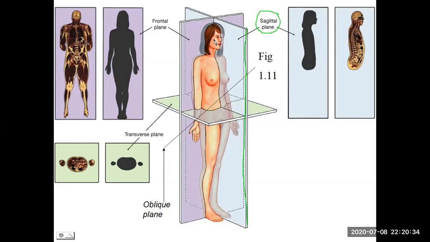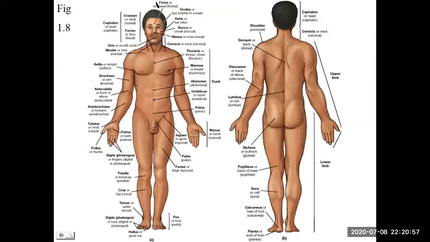Specifically, this picture is showing a mid-sagittal plane because it's directly in the medial section of the body. So there can only be one possible mid-sagittal plane running directly down the medial portion of the body. Or if we use this figure as a guide, we could draw in a mid-sagittal plane here.